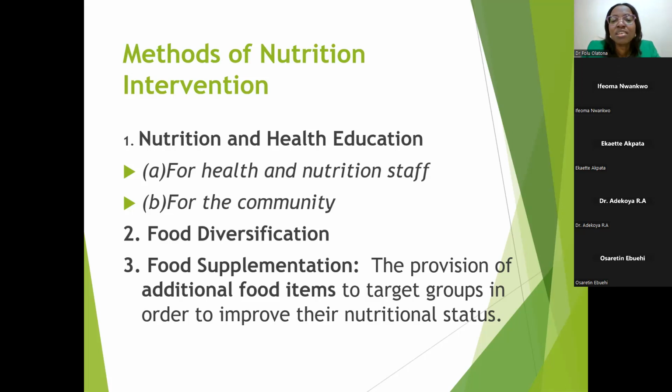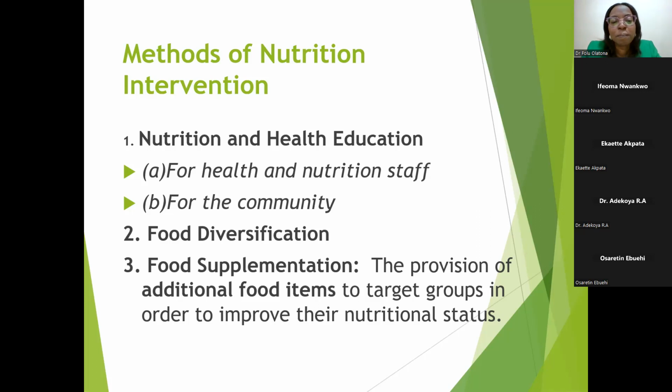So these are issues that we should all remember. Please make sure you are writing anything that is not on the slide, because these are just explanations to show how important the health and nutrition and health education is.